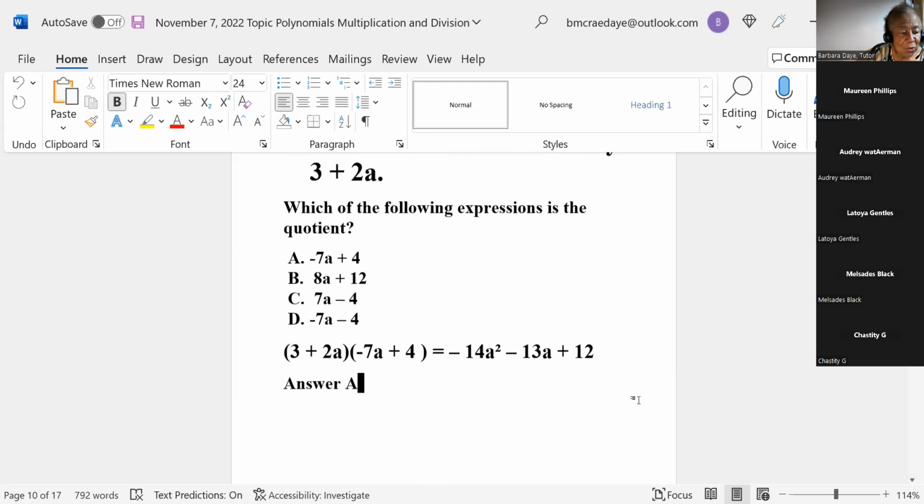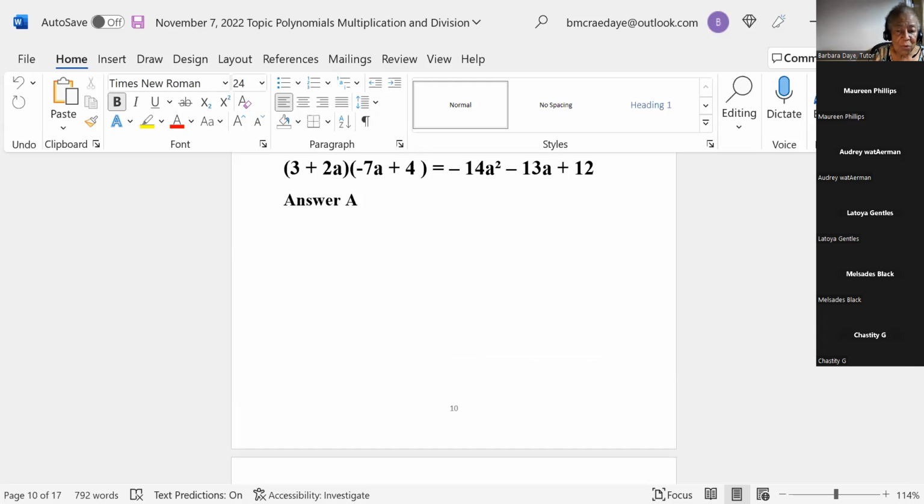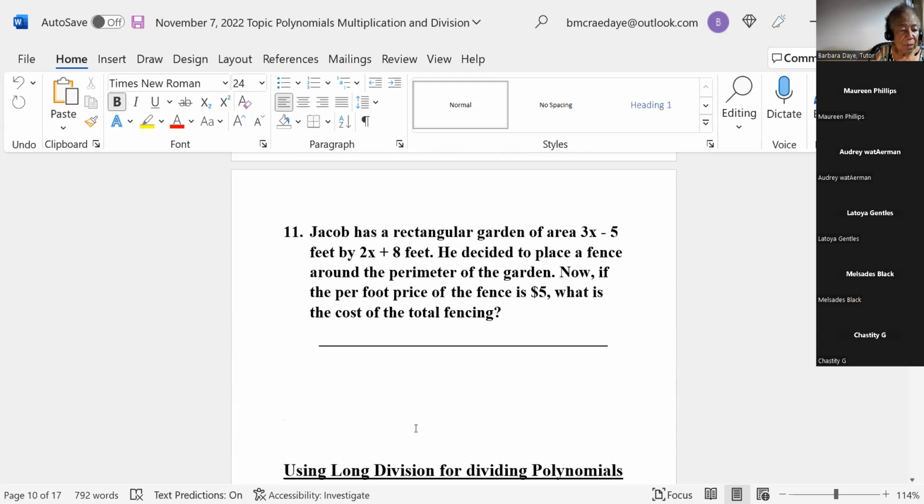All right, let's go to number 11. How do you find the area of a rectangle, Maureen? Area equals what for a rectangle? Length... I always call it L and W. Two lengths times two lengths?